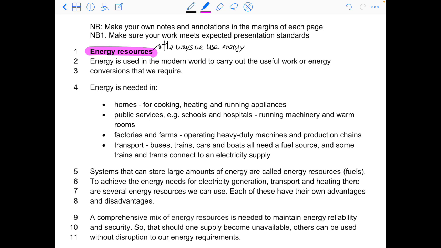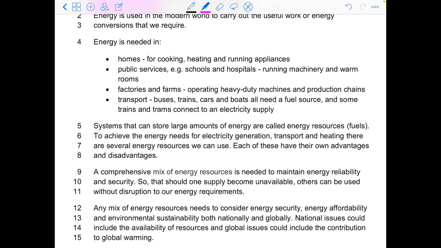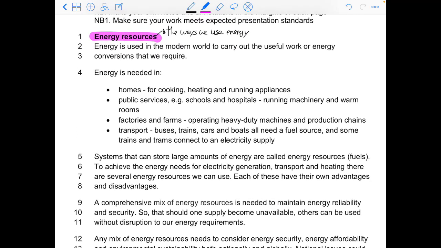So energy is used in the modern world to carry out useful work or energy conversions that we require. So we use energy in all kinds of different ways. So we use them in homes. So energy is needed in homes, public services, factories and farms, transport. So our homes, we use it for cooking, cleaning, running appliances, anything that you use. Essentially, you can use the idea of electricity.